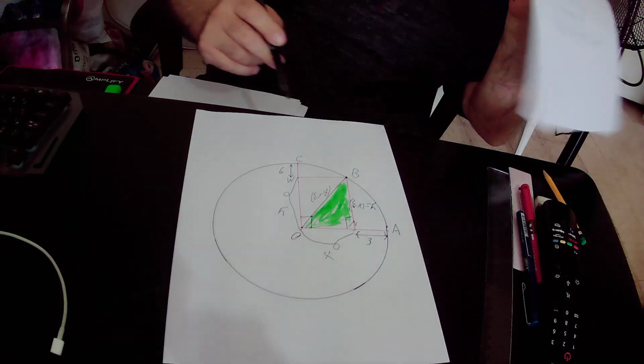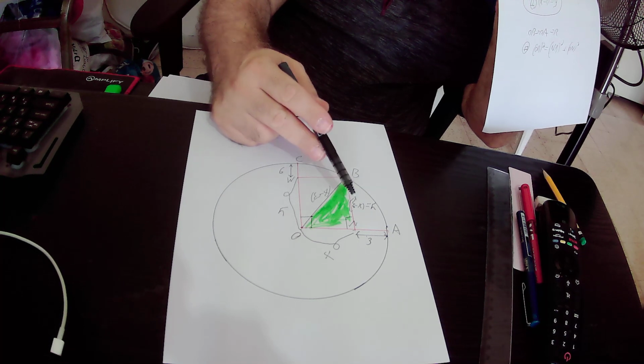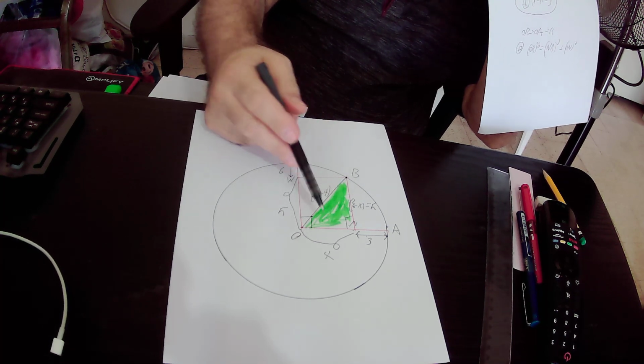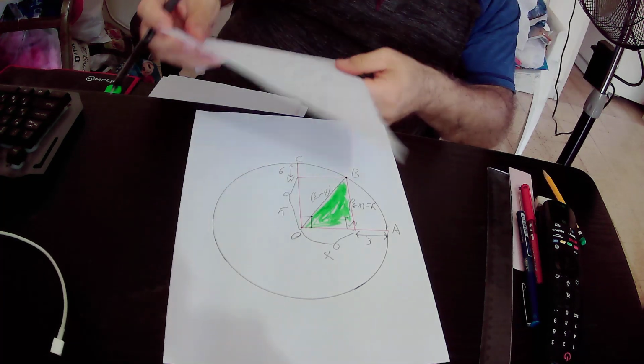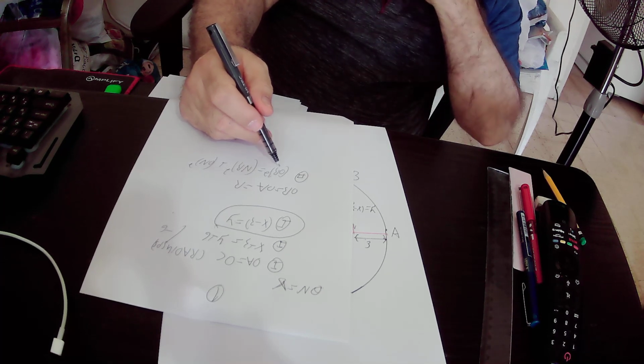Okay, but we know that OB equals x plus 3, NB equals x minus 3, and NO equals x. So I will write it down so we can substitute.